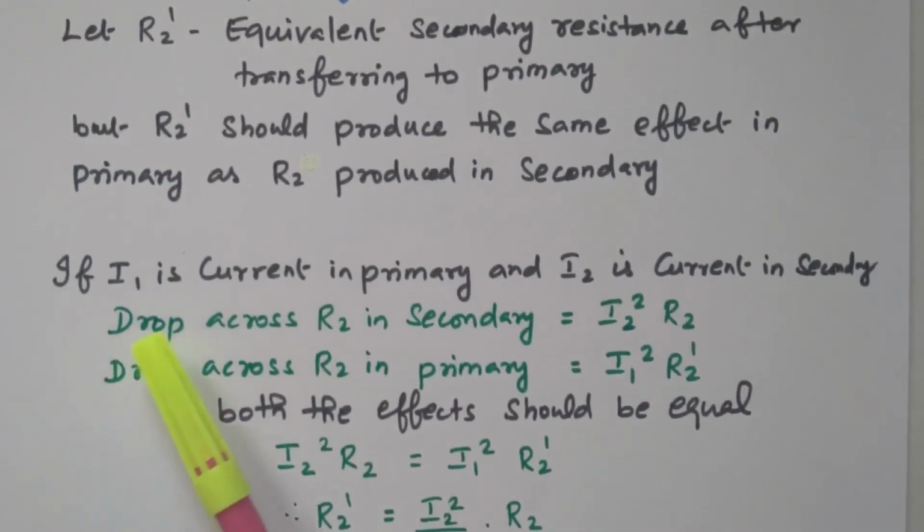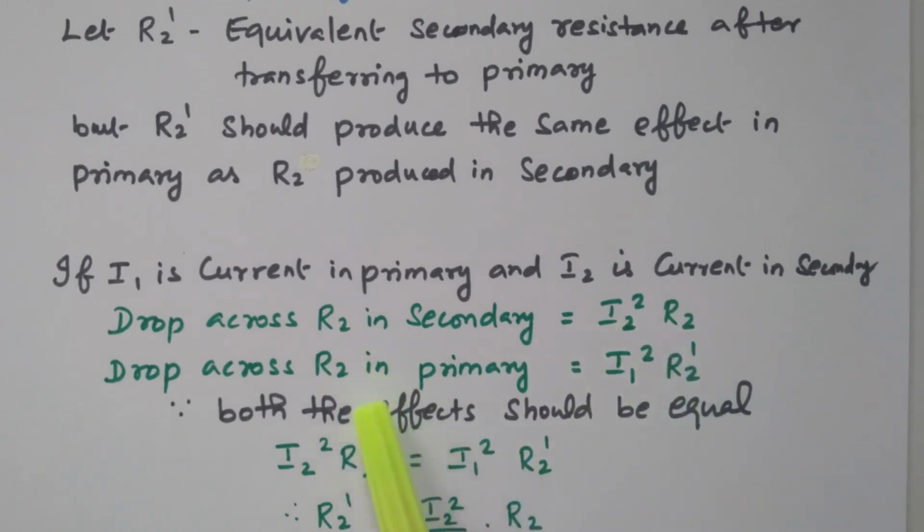If I1 is the current in the primary and I2 is the current in the secondary, we will consider I1 is the current flowing through the primary winding, I2 is the current flowing through the secondary winding. So the drop across R2 in secondary is I2 square into R2. In the secondary side, the power drop across the R2 is I2 square R2, because we are referring to the secondary winding.